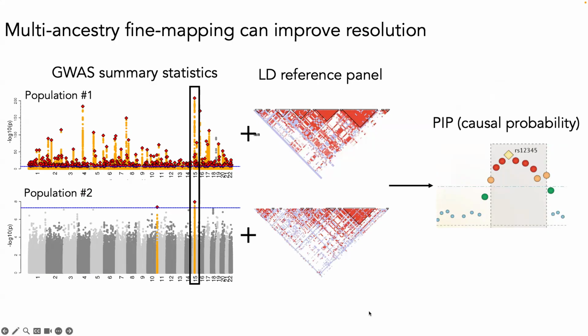So maybe two variants were super highly correlated in European population, so you couldn't tell which was causal versus just correlated. But then you go to the African population and that correlation is broken down. You can actually infer which one was more likely to be the causal variant. So with multi-ancestry fine mapping, you can similarly get out this causal probability at the end.